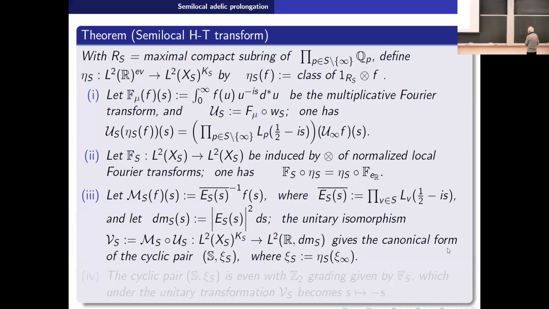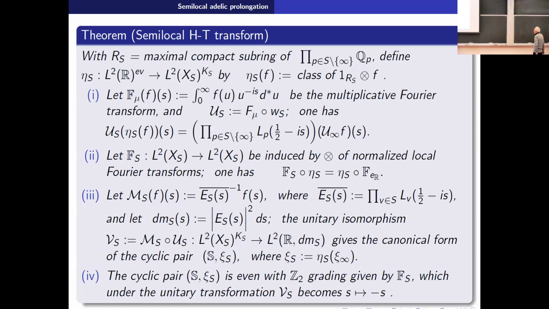This is a product of the local factors coming from the finite places. And when taken together, that's giving the semilocal extension of the Hardy-Titchmarsh, which gives the canonical form of the cyclic pair extended to the S adeles.